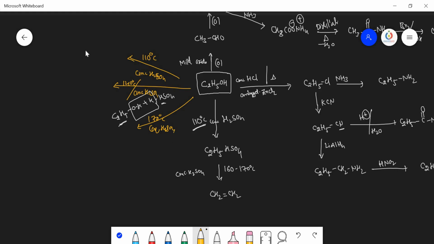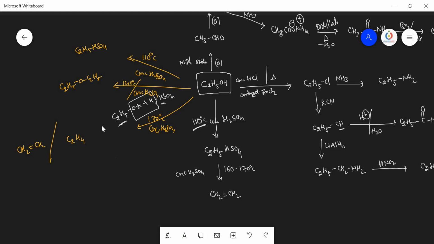Here you will get ethyl hydrogen sulfate, here C2H5OC2H5, and here C2H4, that means CH2=CH2.